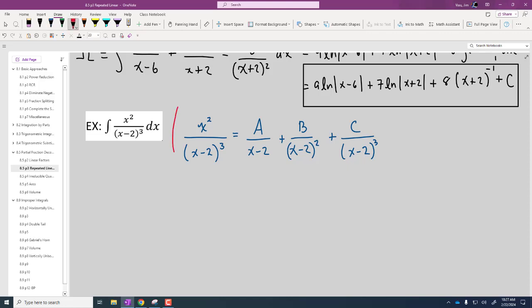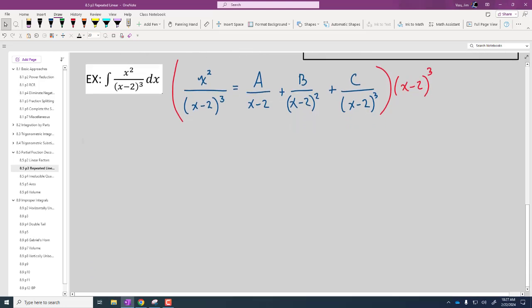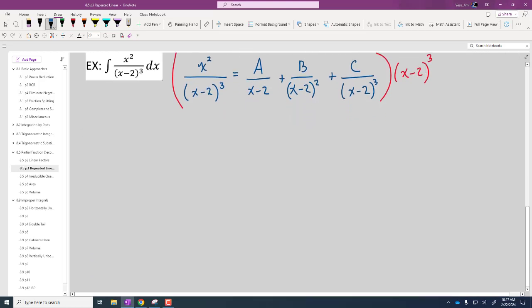And then we multiply the entire equation by the denominator on the left. And let's notice what we're left with. On the left, just x squared, just the numerator.